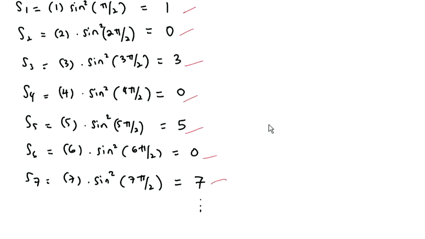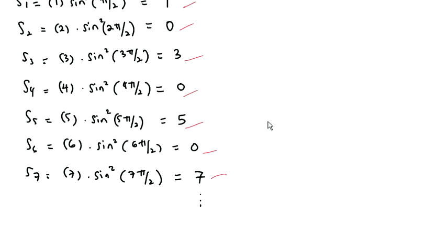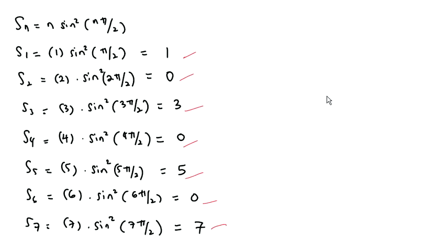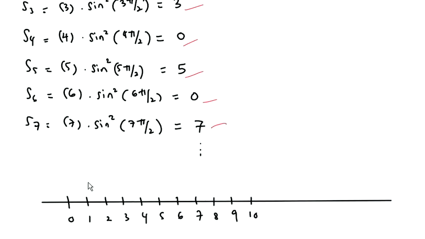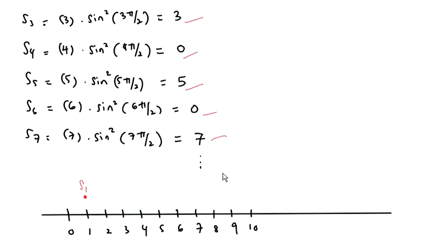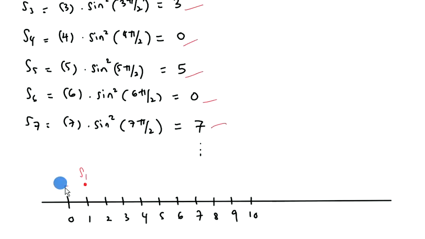So we can see the trend. Let's try to plot. Alright, S1 is 1. So this is S1, and then S2 is 0, and then S3 is 3. And then S4 is 0.